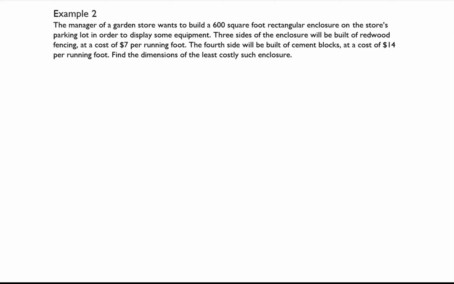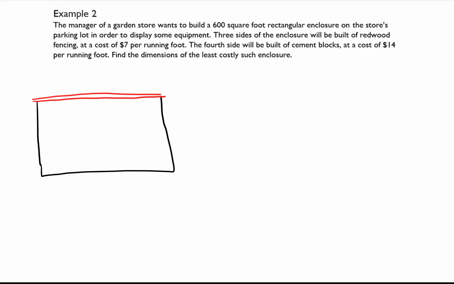So it's often helpful with these types of problems to draw a picture. So we have a rectangular enclosure, and 3 of the sides are going to be using redwood fencing, and then the 4th side will use, what was it? Cement blocks.